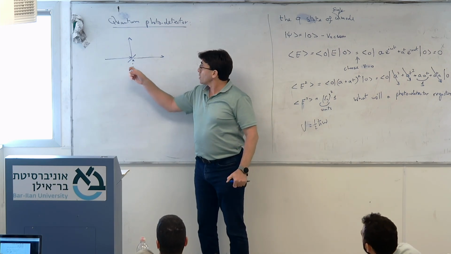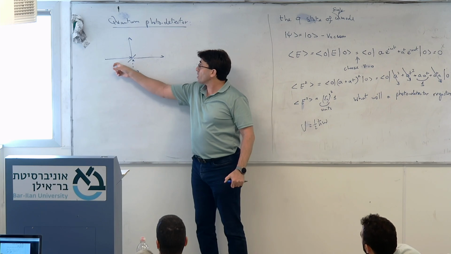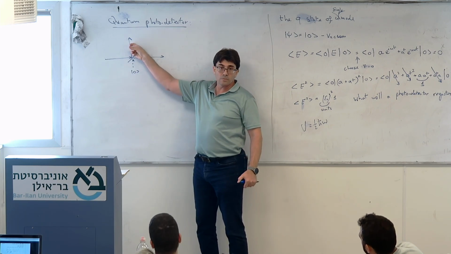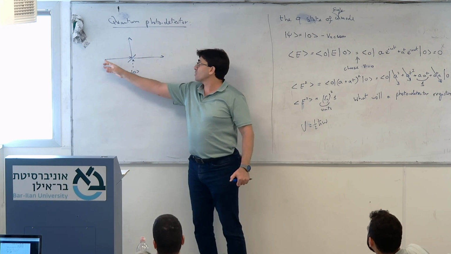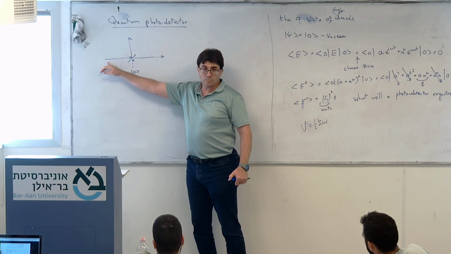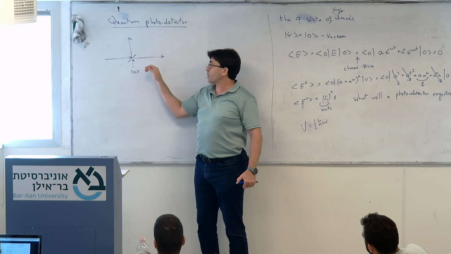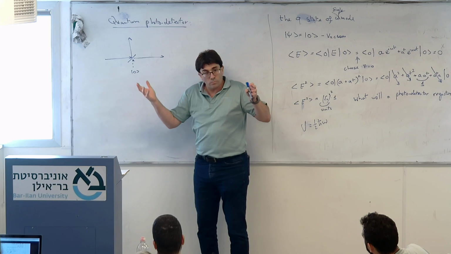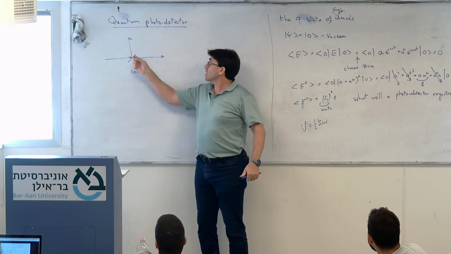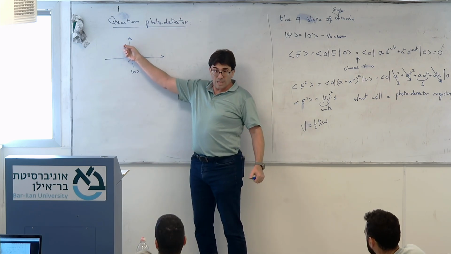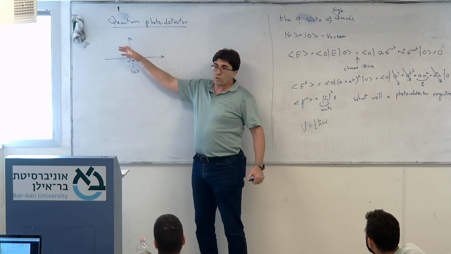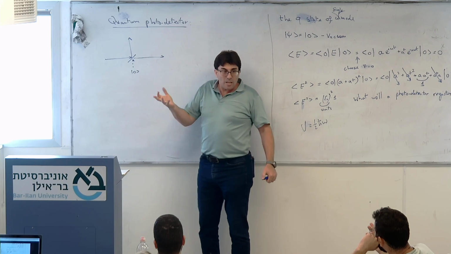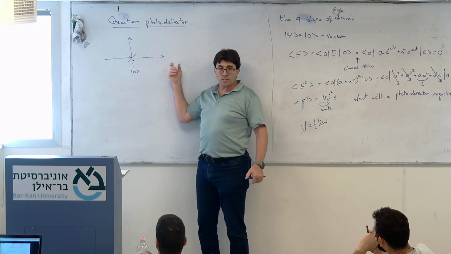If you remember what a beam splitter does, here it puts the sum of the fields, and here it puts the difference of the fields. So you'll have maybe a perfect field here, but here you will have that field plus the vacuum field, which is fluctuating. On average it's zero, but it has some fluctuations. And here you will have the field minus the vacuum field. I don't know what the phase of those vacuum fluctuations is. They're random, but sometimes they would be constructive, and sometimes they would be destructive.